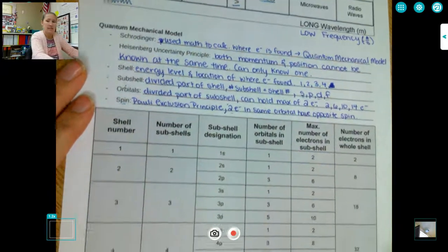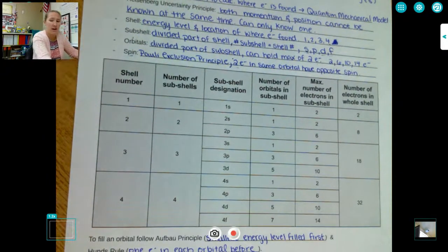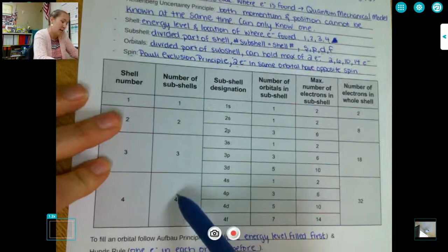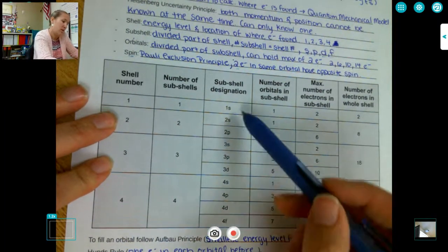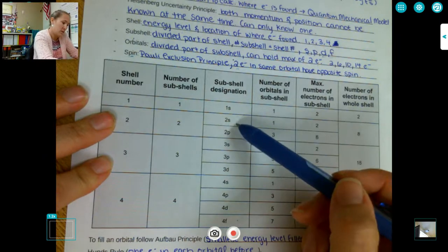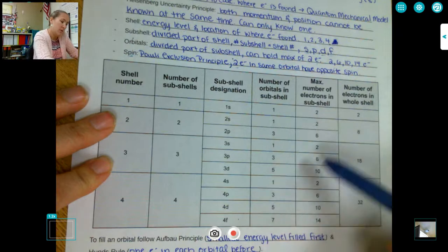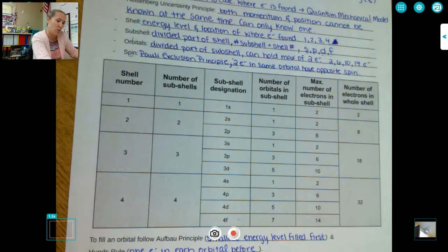Okay. This is then a chart of how that breaks down. So I have my shell numbers, the number of subshells I can have, which correlates to the shell number. Their subshells, my 1s, 2s, 2p, 3s, 3p, 3d, 4s, and so on. Number of orbitals, max electrons, whole electrons.